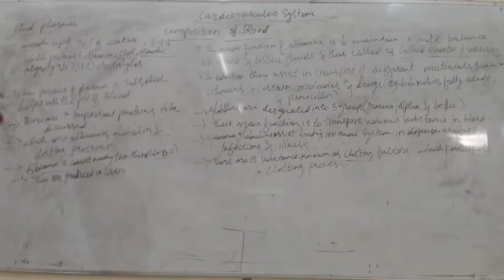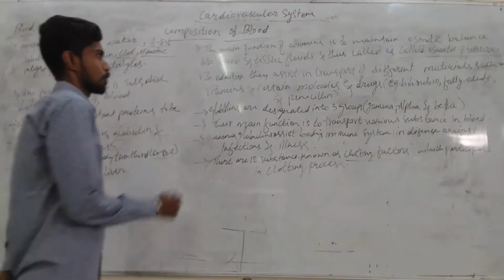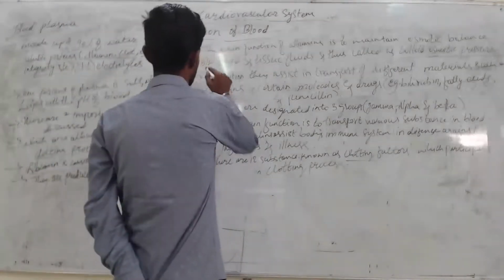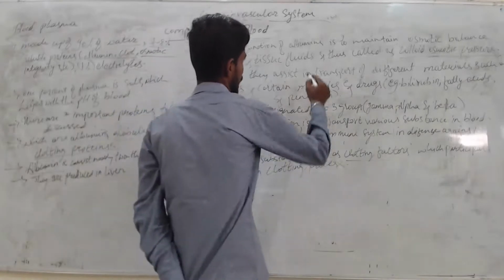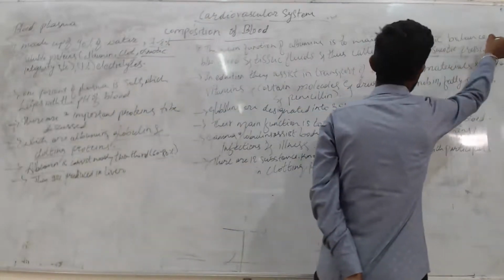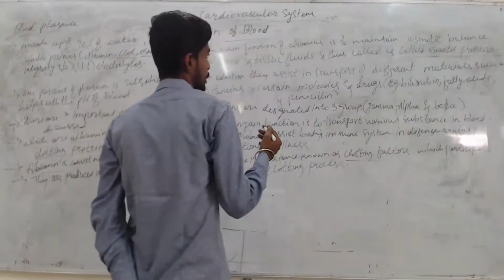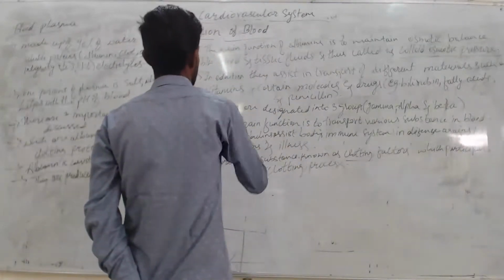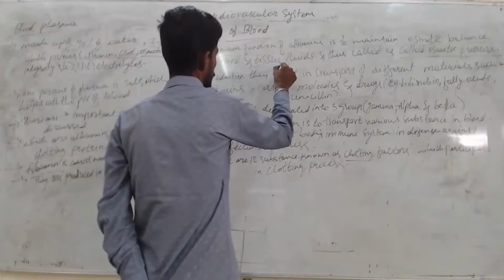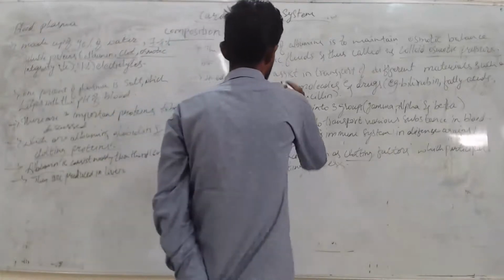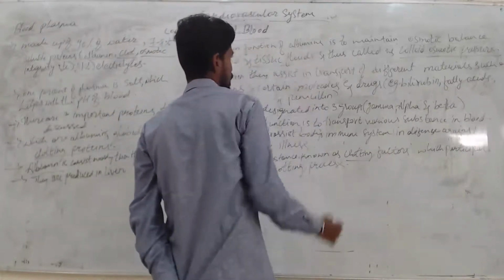They are produced in the liver, and the main function of albumin is to maintain osmotic balance between blood and the tissue fluids.